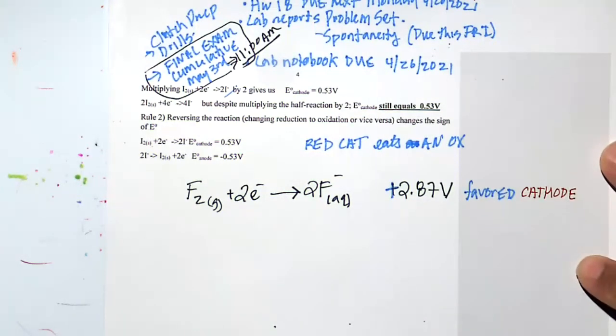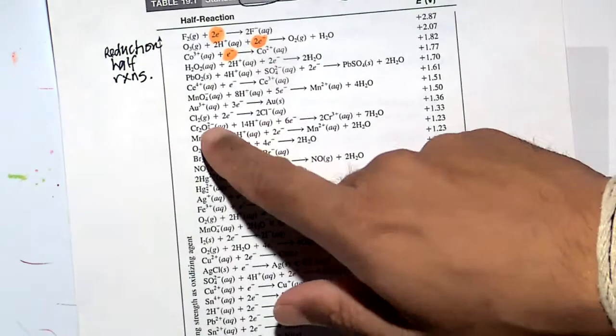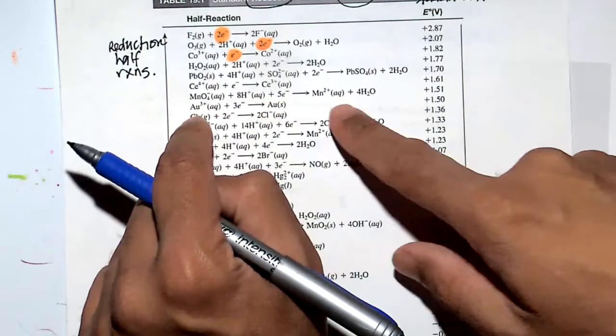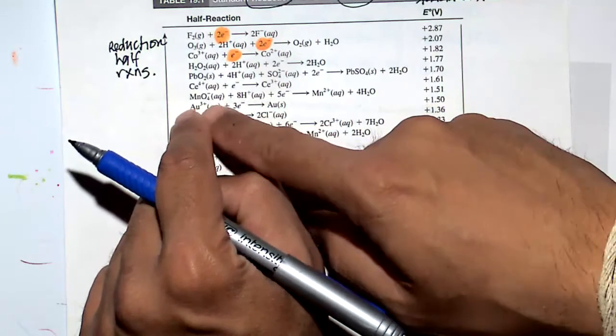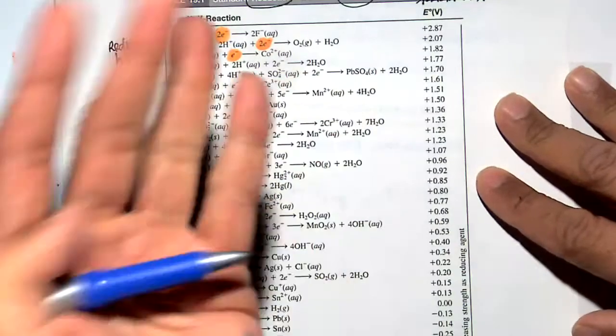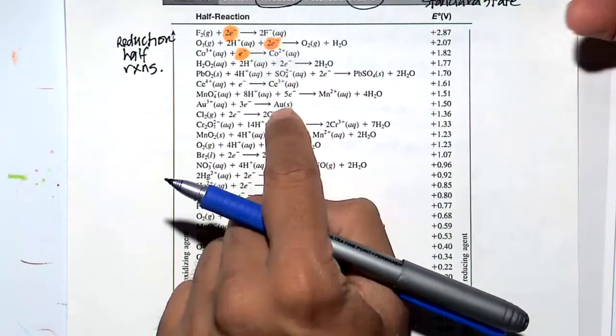Now the next thing I'm going to do is flip something. Let's flip this, just anything off the top of our sheet here. Au means gold. I'm going to flip that. So instead of writing it this way, I'm going to write it in the reverse. Follow along with me.